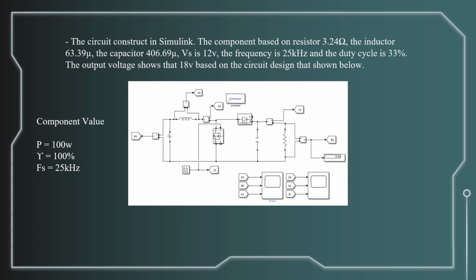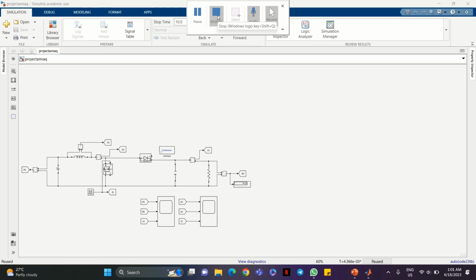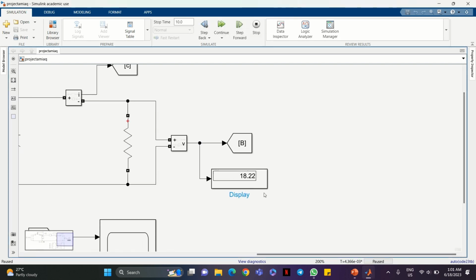The output voltage shows 18 volt based on the circuit design shown below. So this is the simulation that we ran on Simulink, and this is the result that we gained from the simulation.